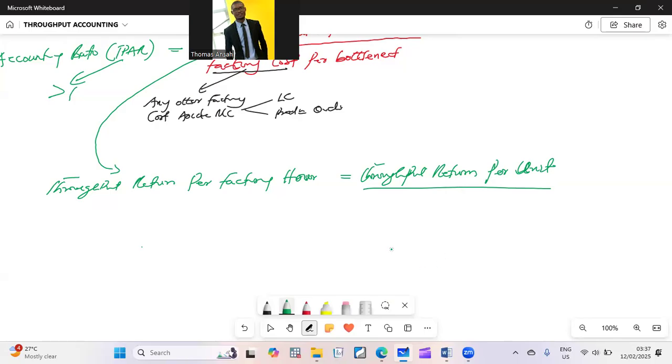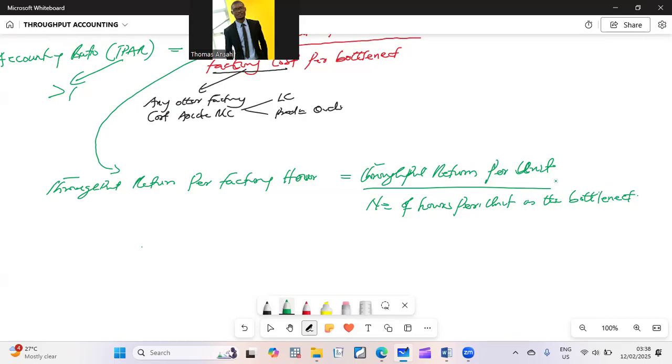Please, our focus is on the bottleneck, the number of hours per unit in the bottleneck. That gives me my throughput return per factory hour.